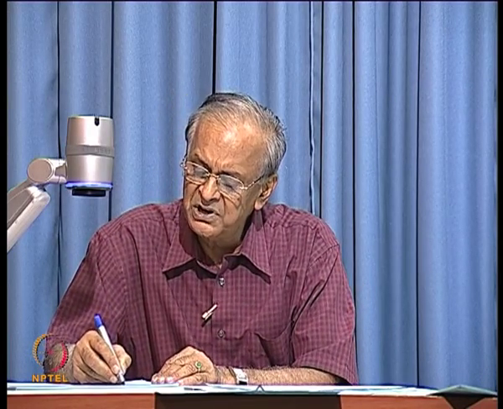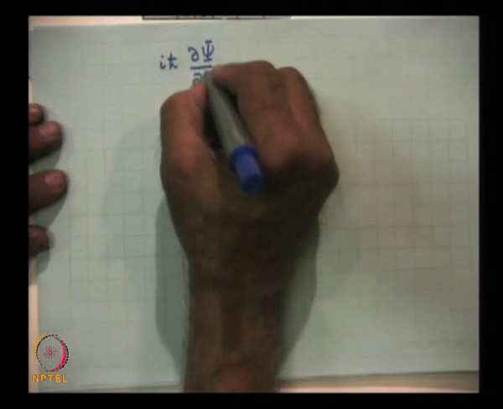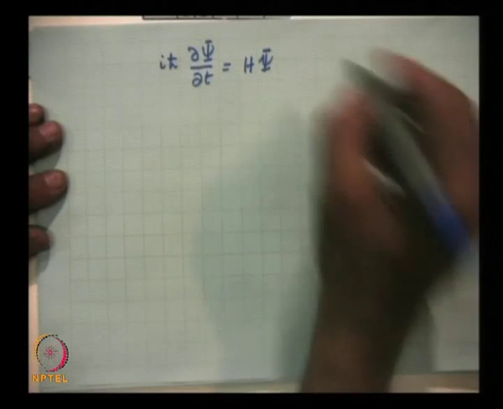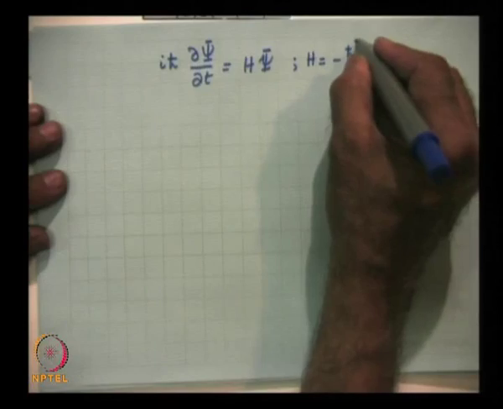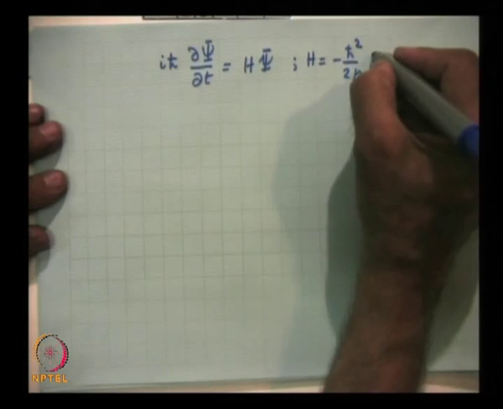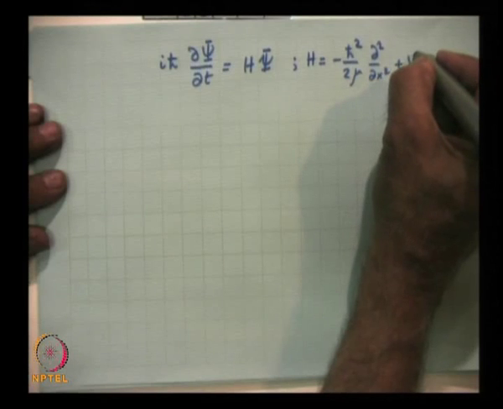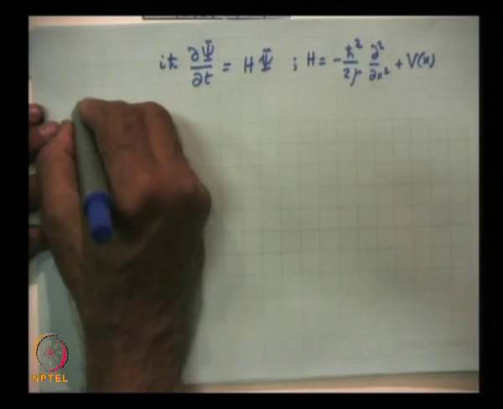My time dependent Schrodinger equation is i h cross delta psi by delta t equal to H psi for the one dimensional problem, and H is equal to minus h cross square by 2 mu delta 2 by delta x square plus V of x.